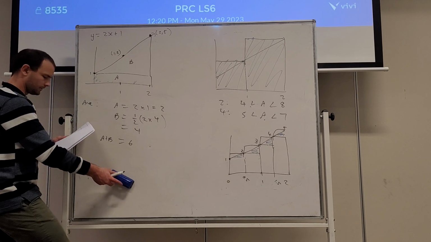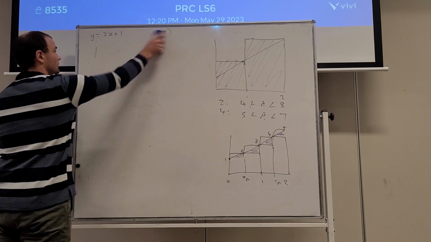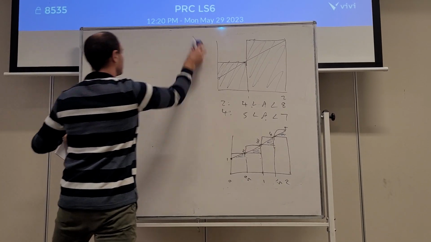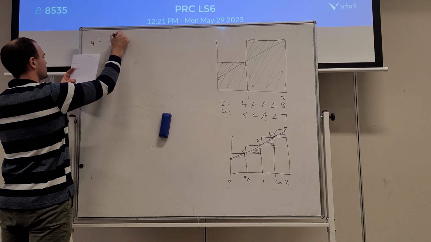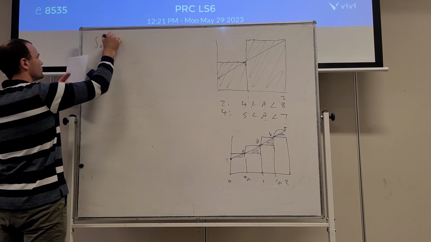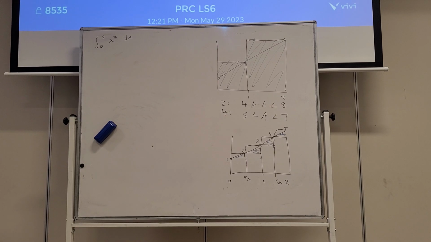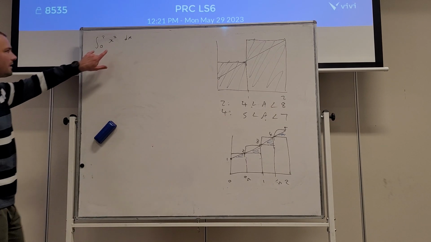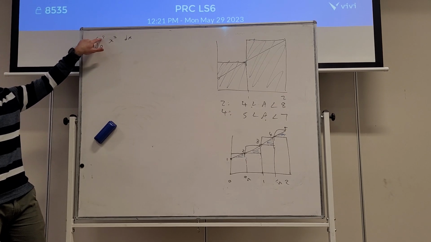Alright, we have a curve here, y equals x squared. Find the integral from 0 to 2 of x squared. What this means is find the area under this function from x is 0 to x is 2.